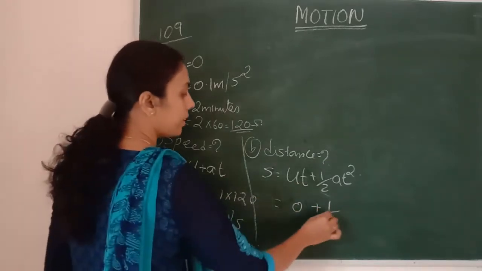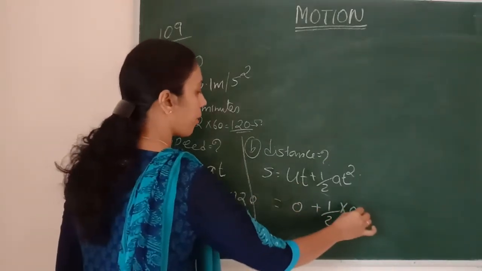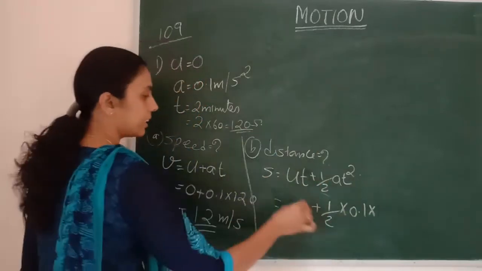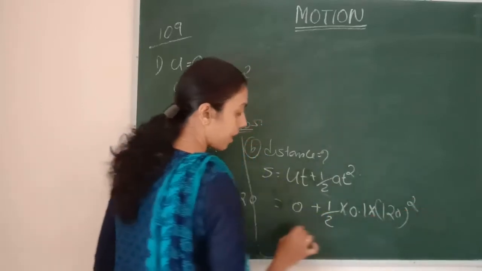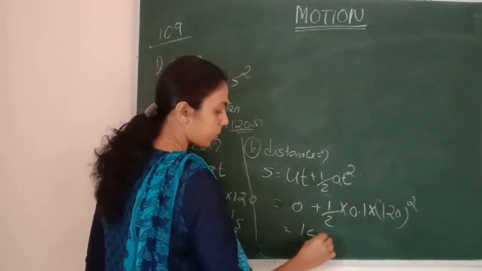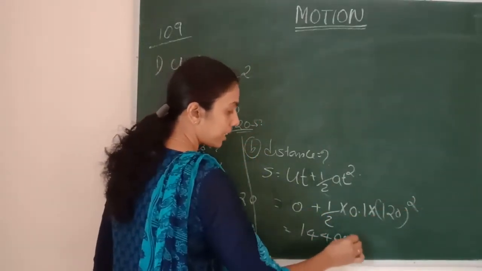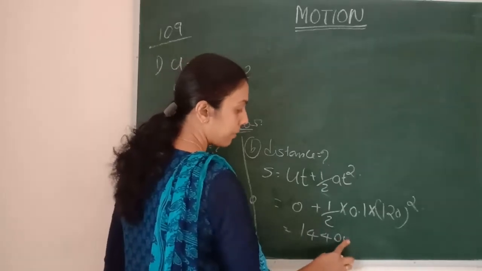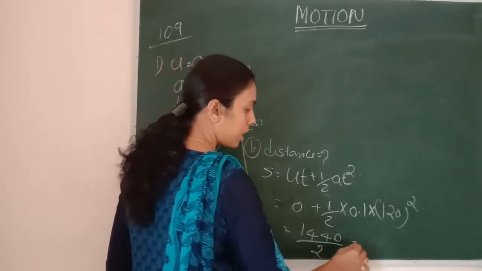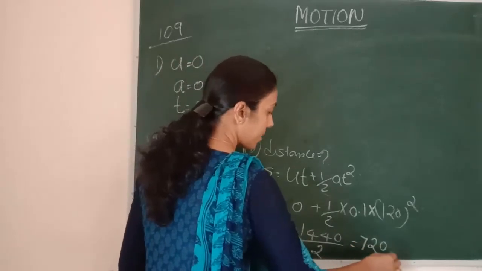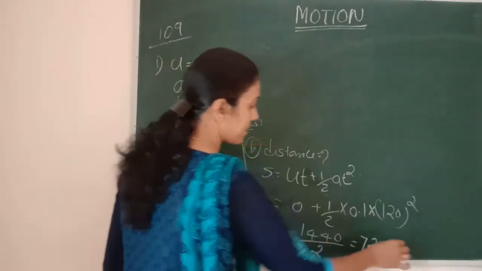Plus half, what is the A value? 0.1, T square is 120 the whole square. 120 whole square is 14400, into 0.1, so you will get 1440 divided by 2. So the answer is 720 meters.